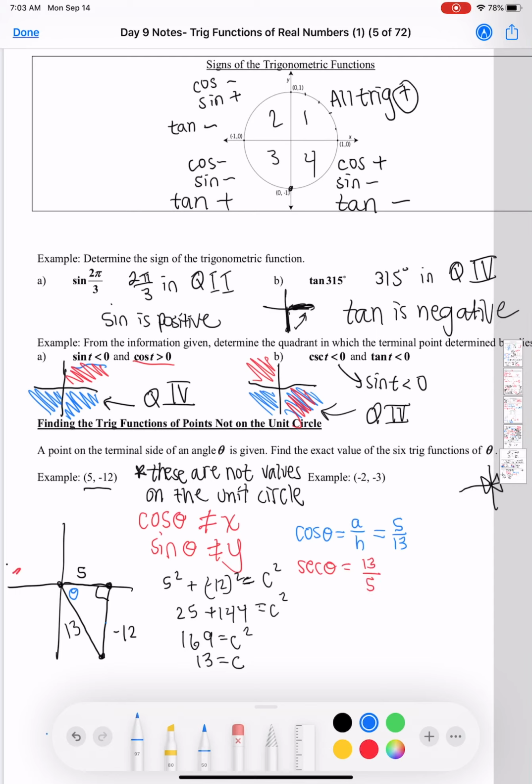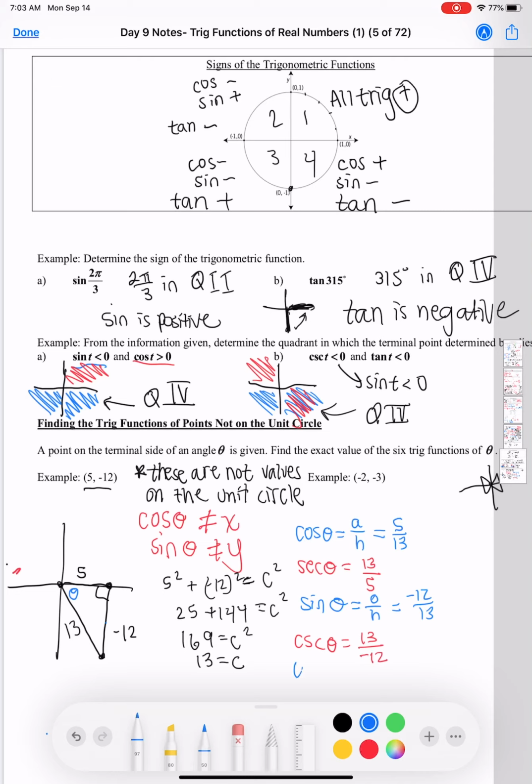All right, now let's do sine. Sine of the angle we know is opposite over hypotenuse, and so that's going to be -12 over 13. So now we can easily find cosecant. That's going to be hypotenuse over opposite, or in other words, sine just flipped around.